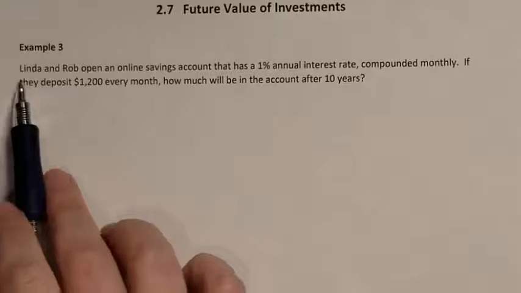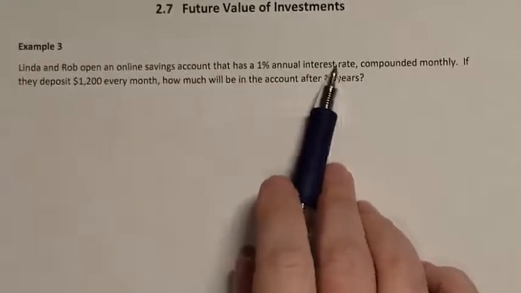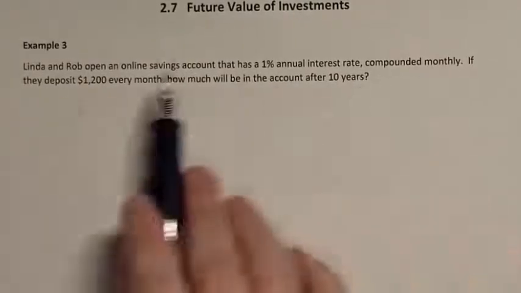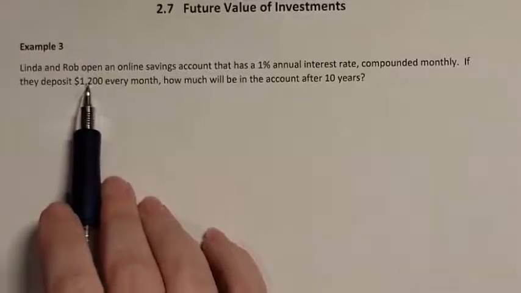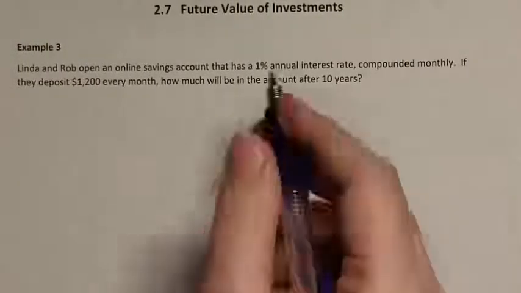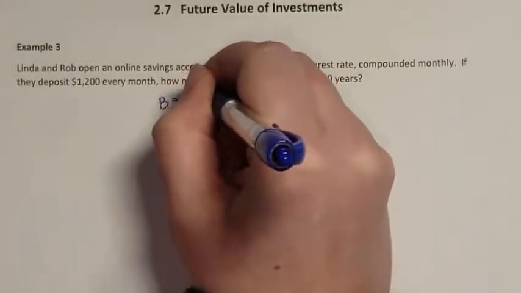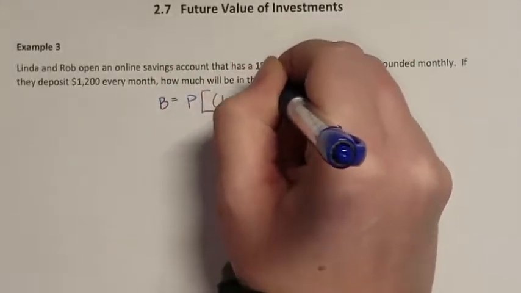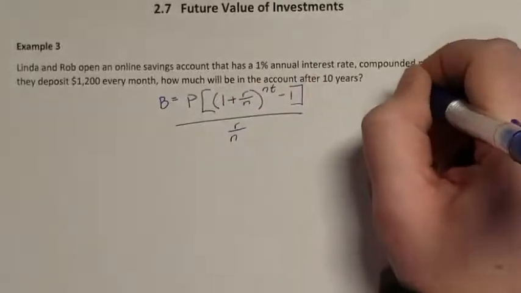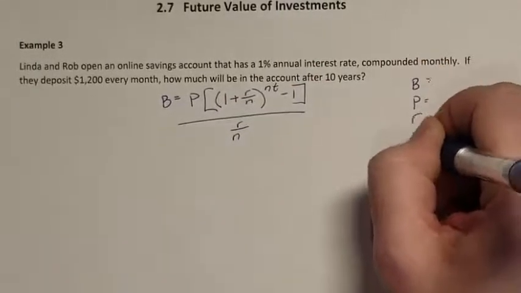Example 3. Linda and Rob opened an online savings account that has a 1% annual interest rate, compounded monthly. If they deposit $1,200 every month, how much will be in the account after 10 years? Because they are contributing to this account every single month, this is the equation that we use, which means we need to figure out B, P, R, N, and T. So reading it again.